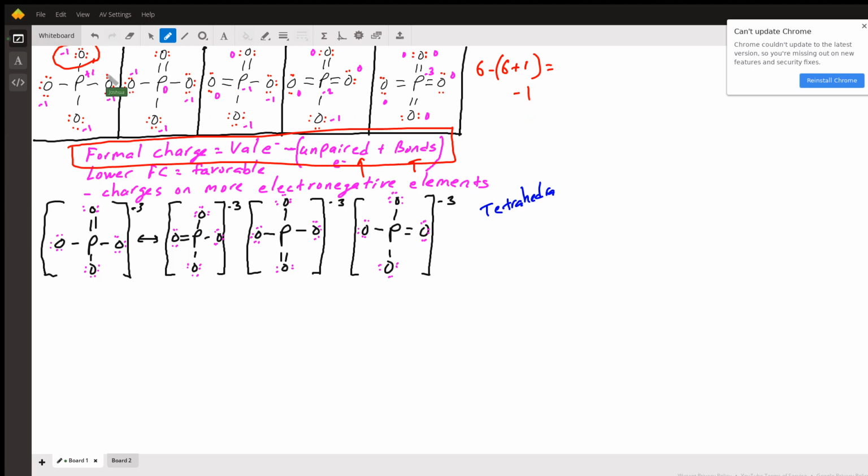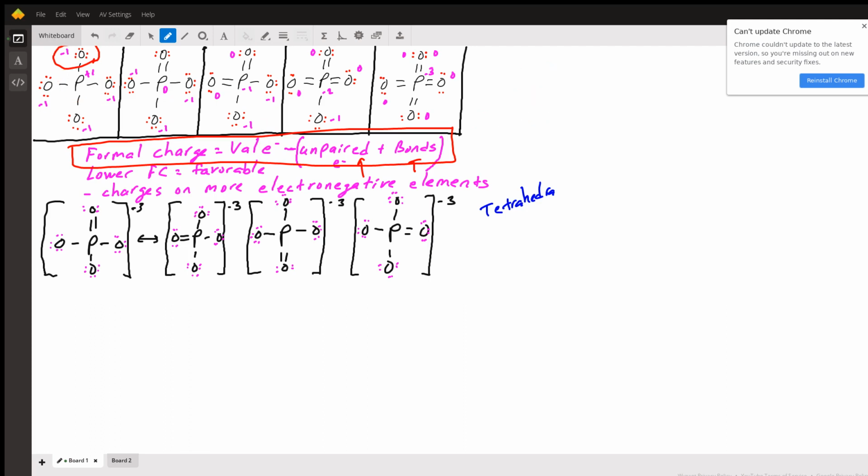Phosphorus right here starts off with 5 valence electrons, subtract 0 unpaired electrons plus 4 bonds. That gets us a +1. Now, formal charges are favorable when they are closer to 0, and when we have negatives, they go on the more electronegative element, and oxygen is the more electronegative element here.